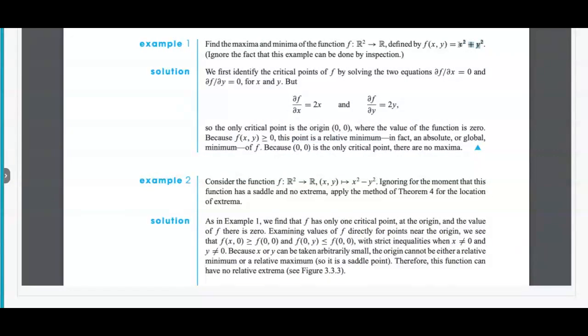Because this function is x squared plus y squared, the least value of this function is 0. That's contributed by (0, 0). So that's why we know it's actually an absolute minimum.